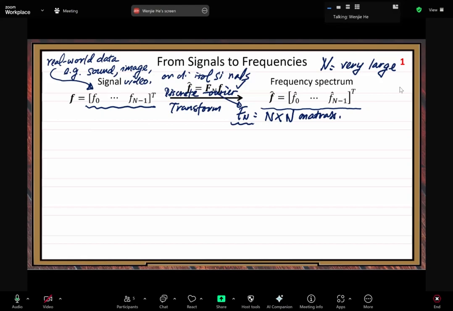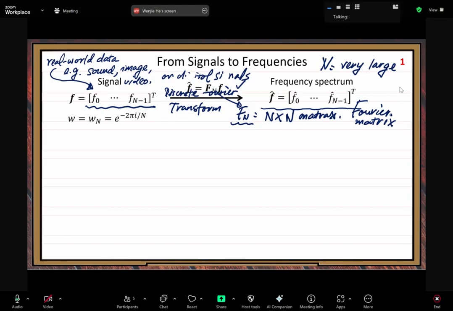Fortunately, our Fourier matrix has very nice, excellent structural properties. We should take advantage of them, and then we can improve the computation a lot.